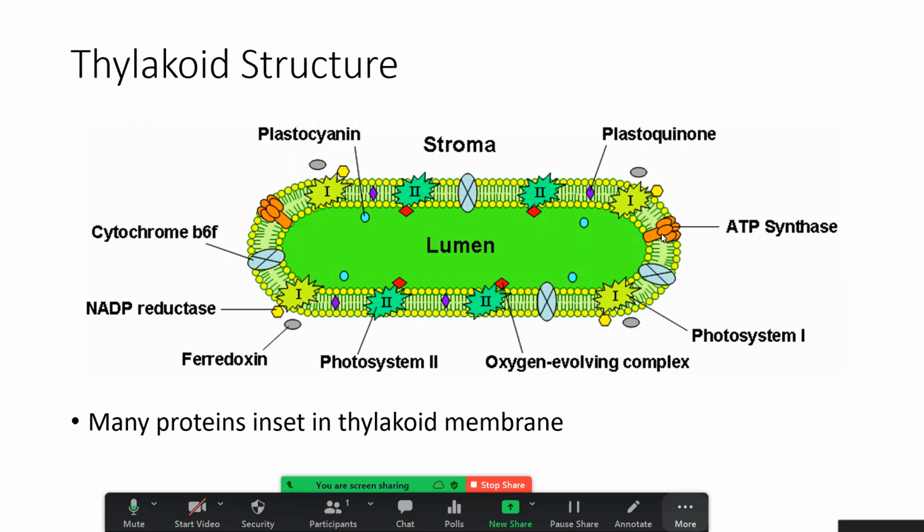So if you're thinking, hang on, what is ATP synthase doing here? I thought we were making sugars. We're gonna make sugars. But first, this cell is gonna make ATP to provide the power to make the sugars. Cool, right? I know. Okay, so that's what the thylakoid looks like.